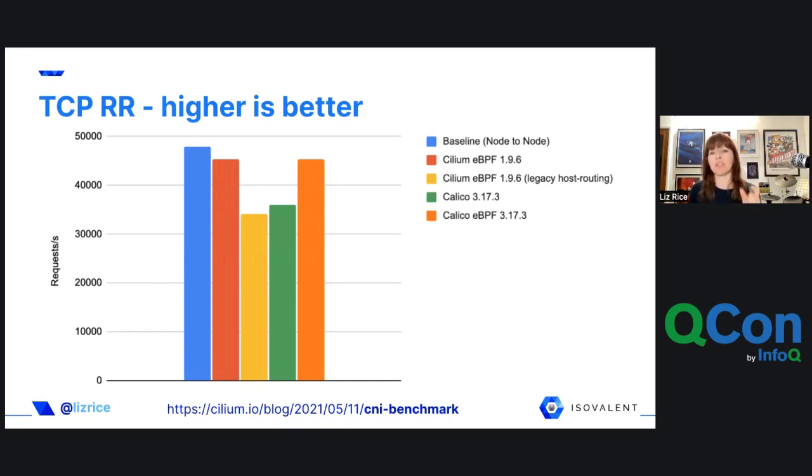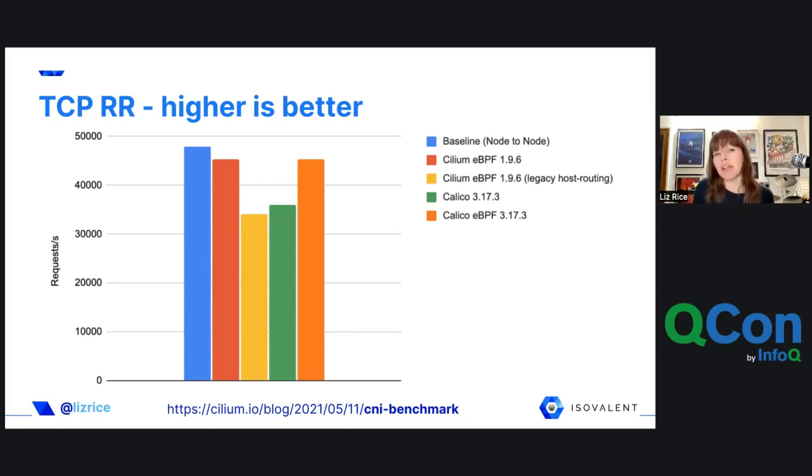And we can get performance that's nearly as fast using eBPF. Those yellow and green lower bars in the middle show us what happens if we don't use eBPF and we use the legacy host routing approach through the host network stack. It's measurably slower.